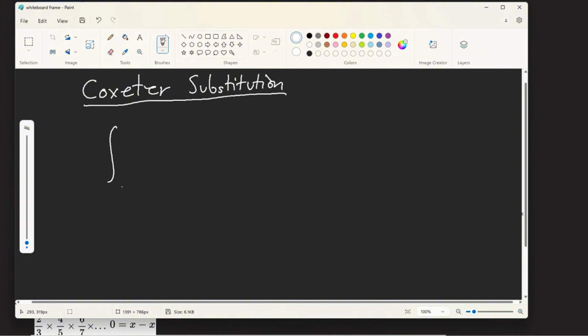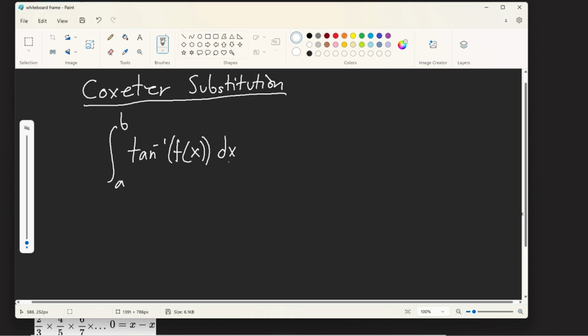Coxeter Substitution. Let's say you have an ugly integral where you have somewhere along the lines of inverse tangent of a function. It's pretty much similar to Ahmed's substitution.